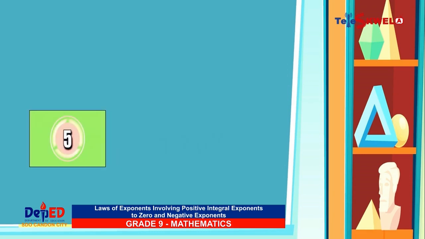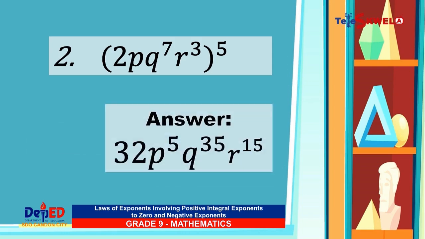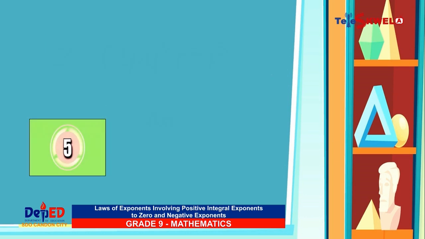Number 2, the quantity 2pq raised to the 7th power r raised to the 3rd power, raised to the 5th power. The answer is 32p raised to the 5th power, q raised to the 35th power, r raised to the 15th power. That's great.